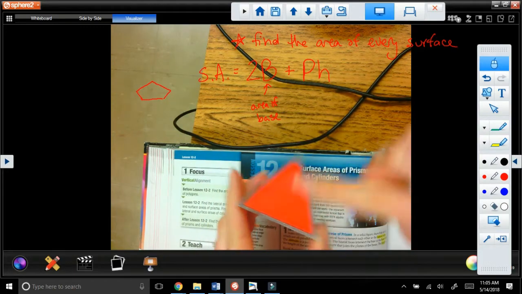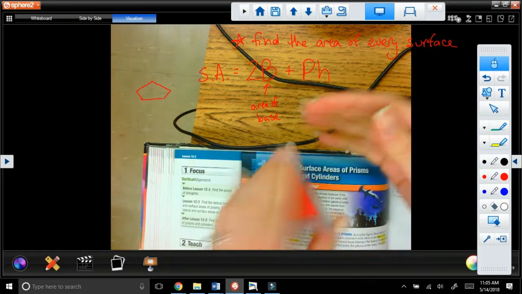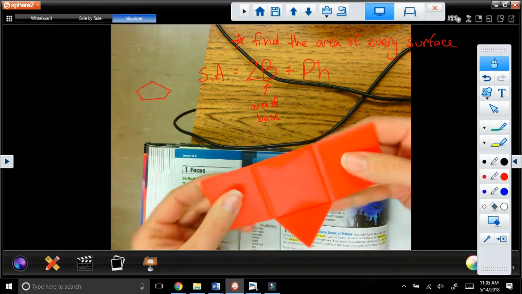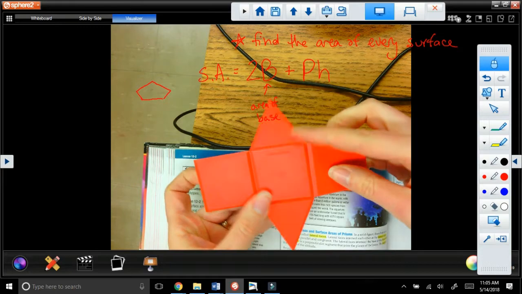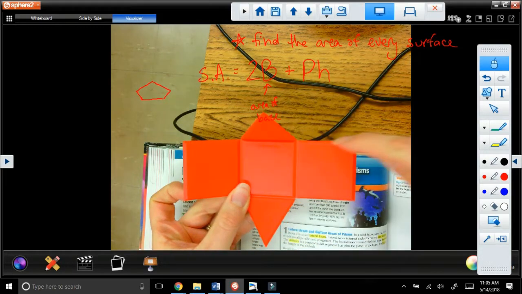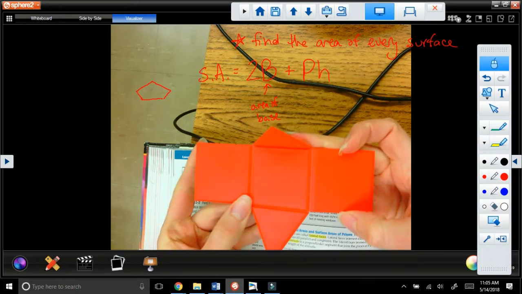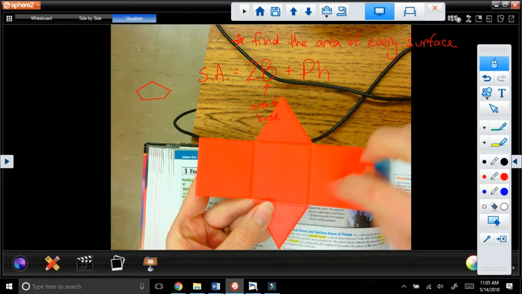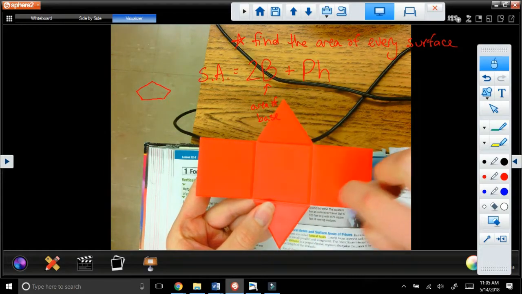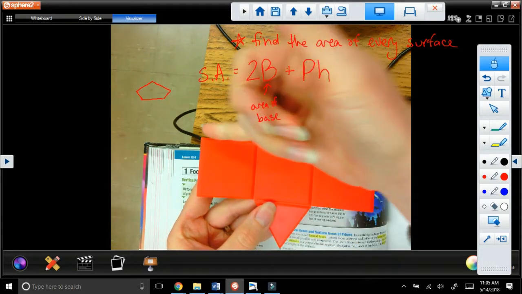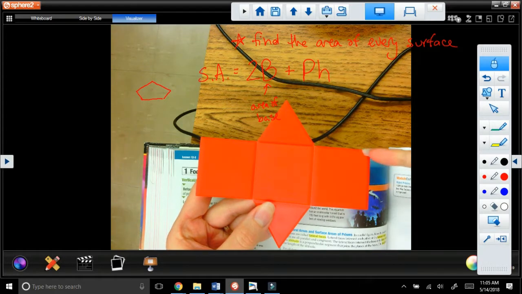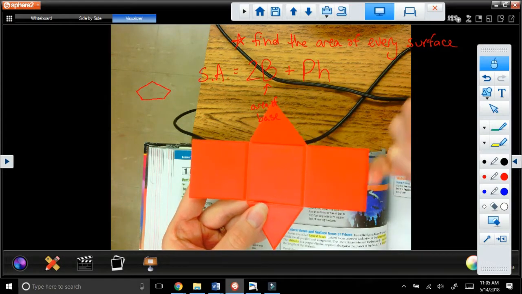The perimeter of that base, if I were to take this out and lay it flat, is the same thing as the length of this rectangle if I take those pieces and stretch them out. You guys all see that? So instead of finding the area of one of those rectangles and then multiplying it by 3 in this case, I could just add up that entire length and multiply it by the height of the prism.